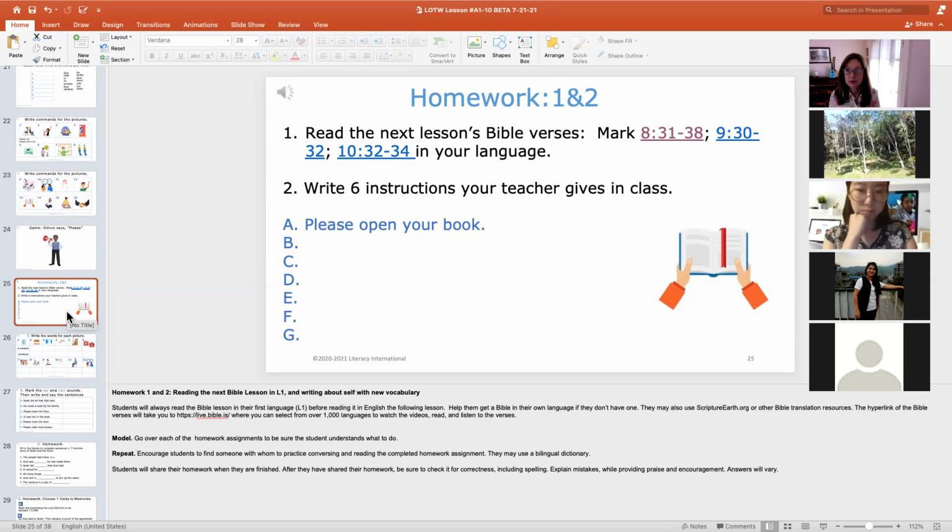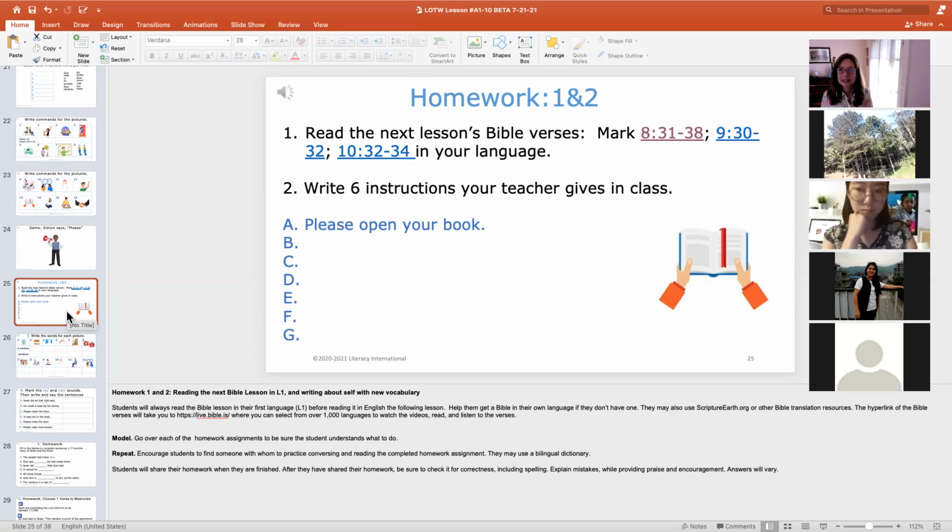And if they don't do it, it's best to spend the next class session working on the homework. Because if you skip over the homework, if the students don't do it and you don't cover it in class, they will have a hard time making any progress.